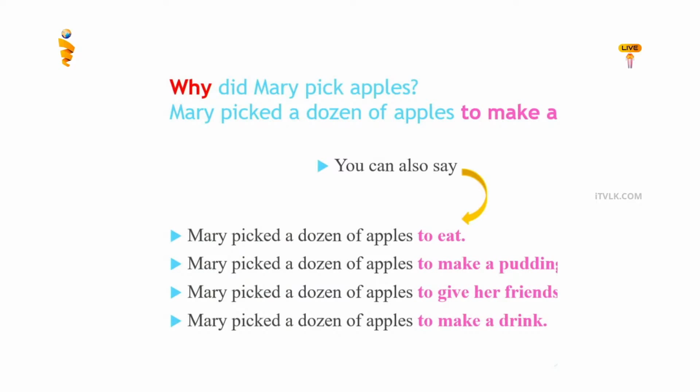You can say, Mary picked a dozen apples to make a pudding. Mary picked a dozen apples to give to her friends. Mary picked a dozen apples to make a drink or a juice. So see, children, these are simple words which you can add instead of the example sentence.